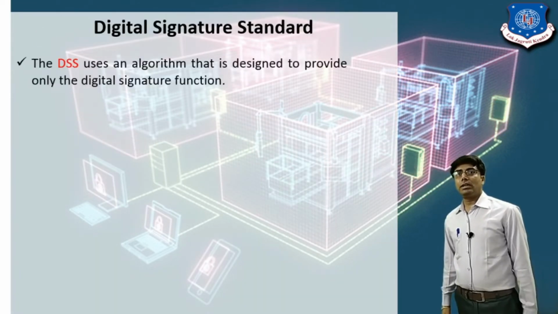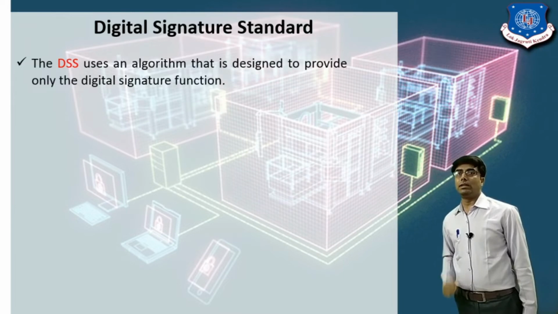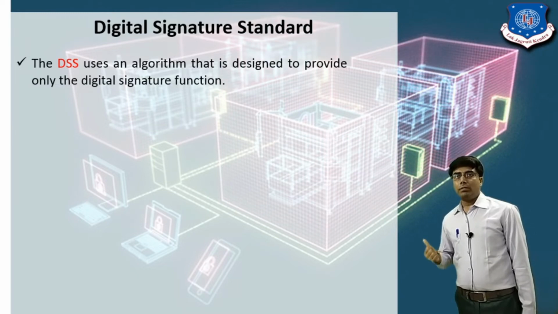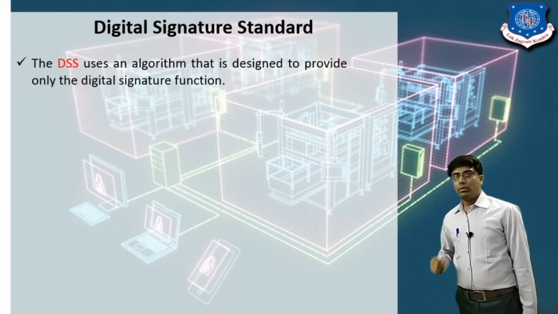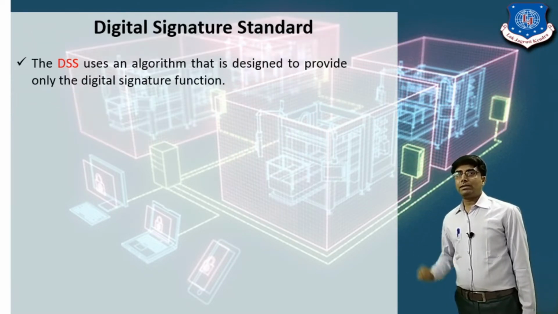Before going to the digital signature standard, first of all, what is a digital signature? A digital signature is the same as a handwritten signature, and it is the electronic verification of the sender. The digital signature standard means we have to authenticate the sender.